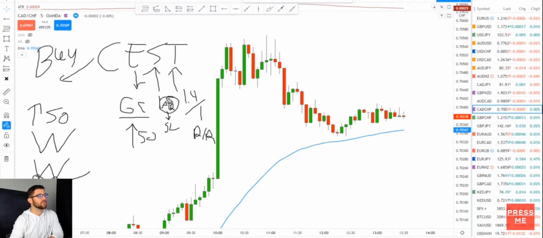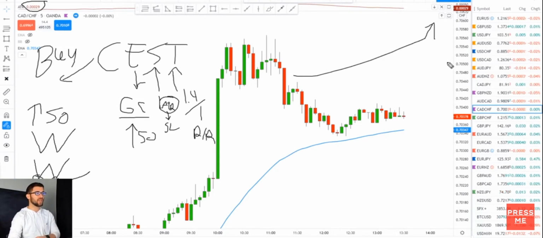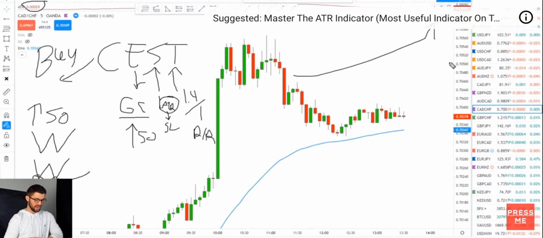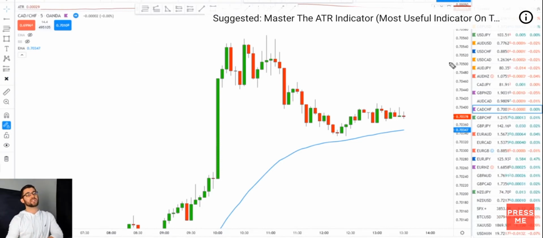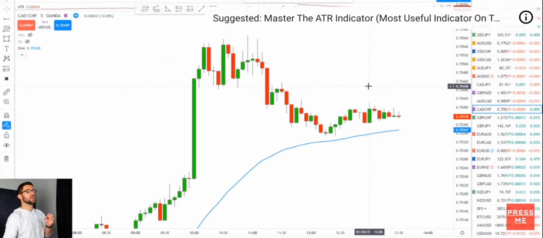ATR, for any of you that do not know, is the average true range. What it does is measures the volatility of the market based on the last 14 candles. I will put a video I did on the ATR that explains it in full to the top right side of your screen.